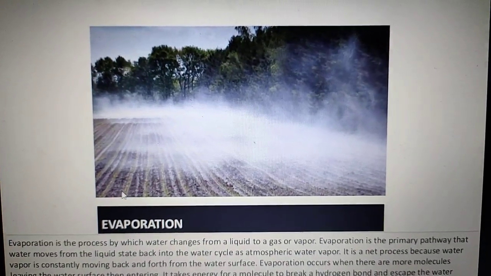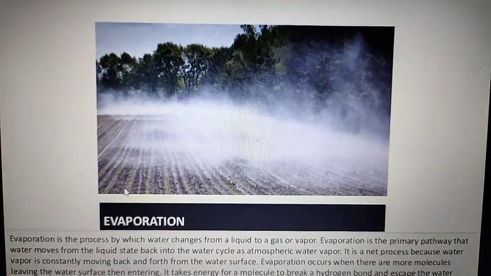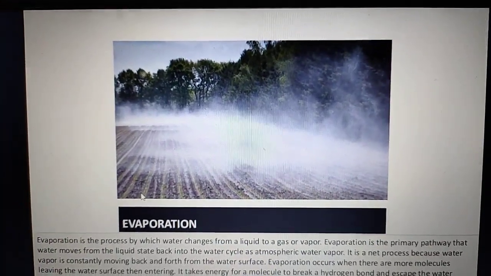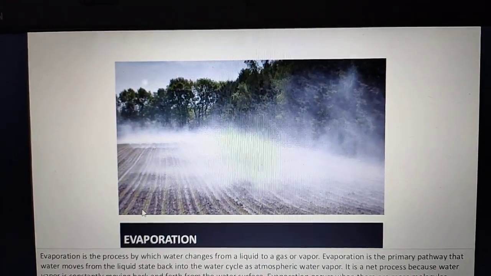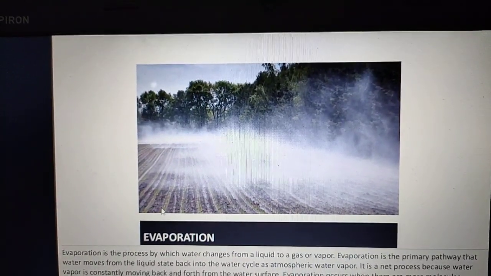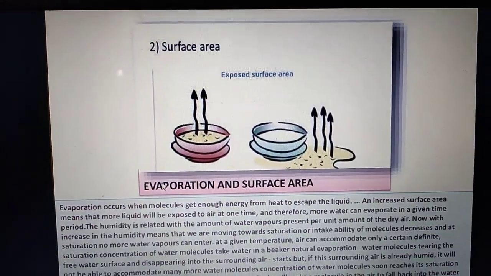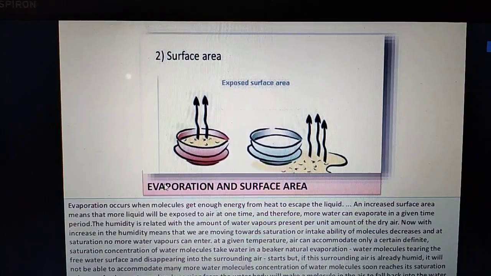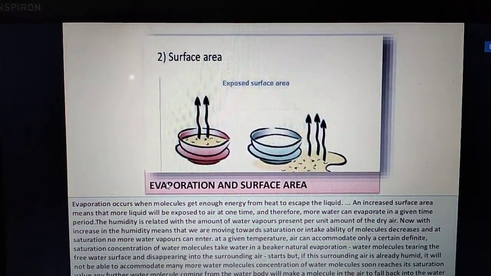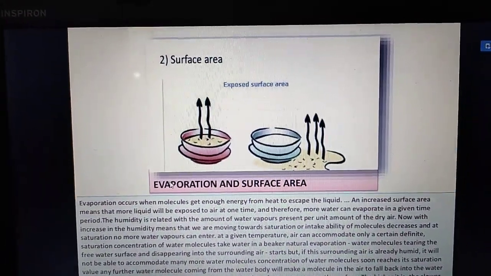What is evaporation? Evaporation is the process by which water changes from a liquid form to a gaseous form. We call that process evaporation. The conversion of a liquid into vapor at any temperature below its boiling point is called evaporation. Now there are various factors on which evaporation depends. The first factor is rise in temperature.